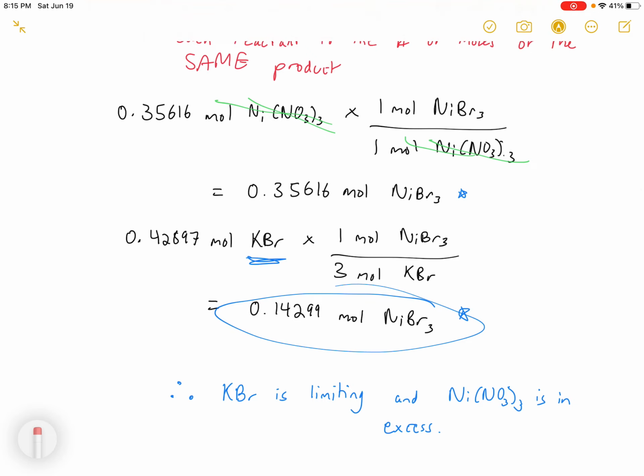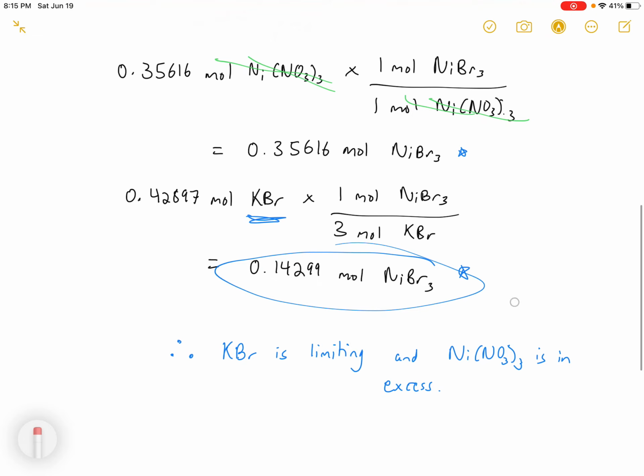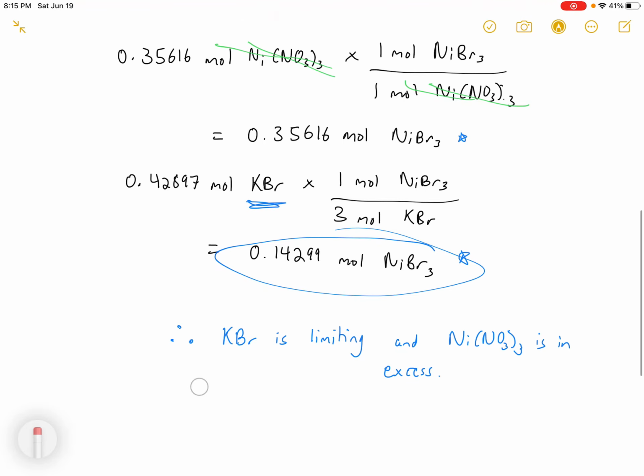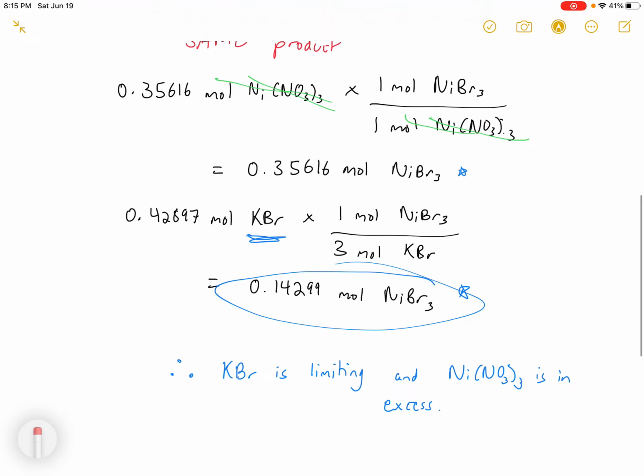The reactant which produces fewer moles of the given product is limiting. Since KBr produces fewer moles of nickel bromide, that makes potassium bromide the limiting reactant. So that's how we solve for that.